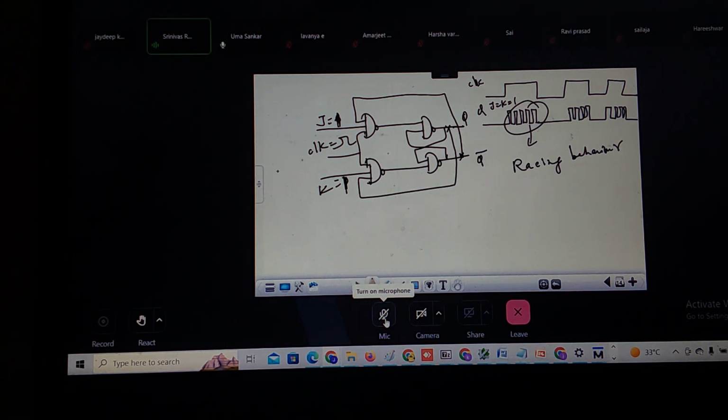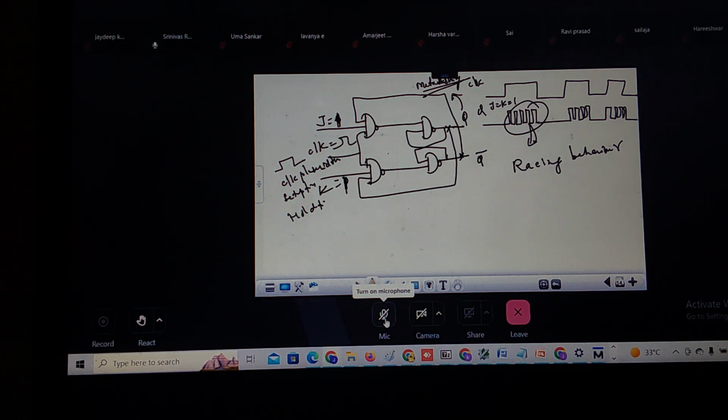If you are not maintaining the minimum clock pulse width, setup time and hold time, then Q shows unpredictable behavior. Q goes to metastability. So this is the difference between metastability and racing. Racing is nothing but constantly changing: Q is changing constantly 0, 1, 0, 1, 0, 1.